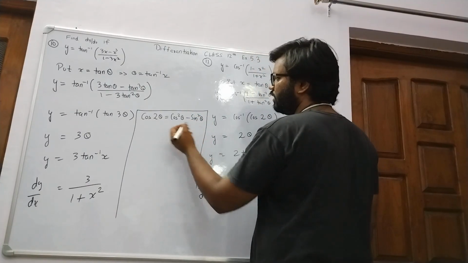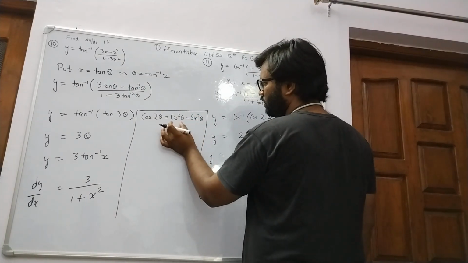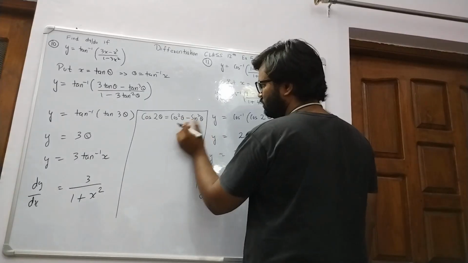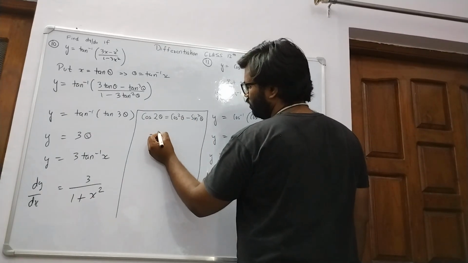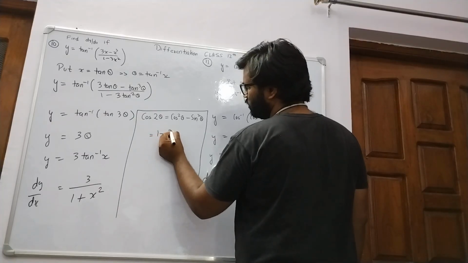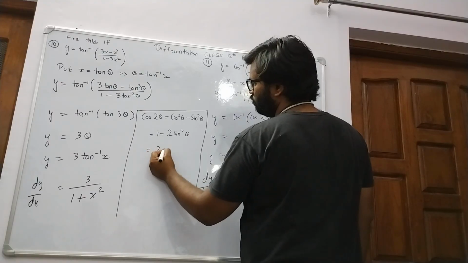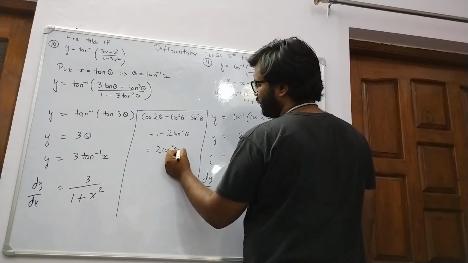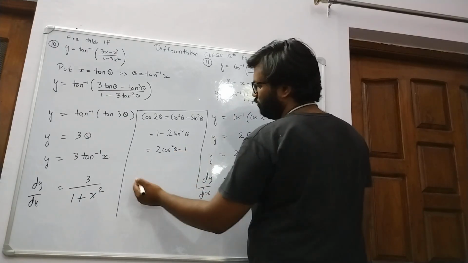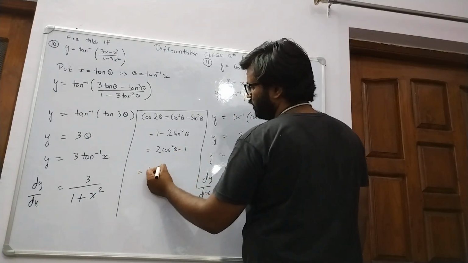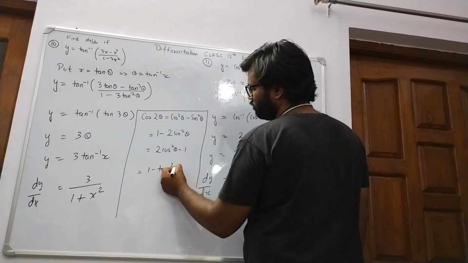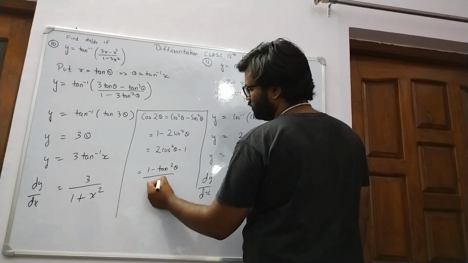And if we apply the trigonometric identity in this and next time in this, you get two more formulas, that is 1 minus 2 sin square theta or 2 cos square theta minus 1. Now this is the fourth formula for cos 2 theta, that is 1 minus tan square theta upon 1 plus tan square theta.